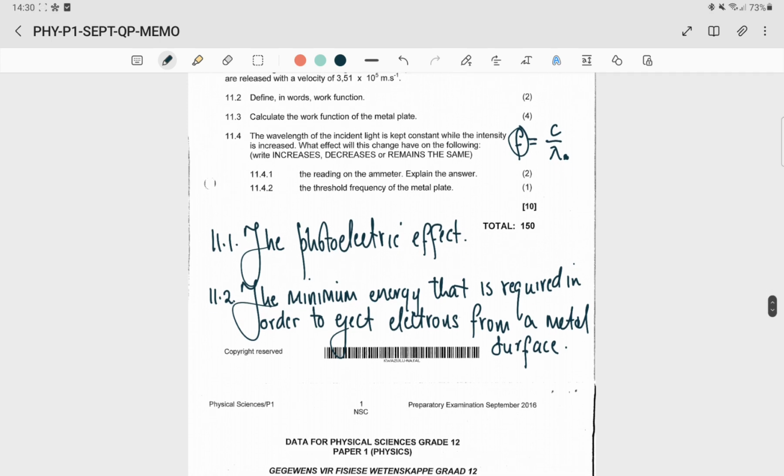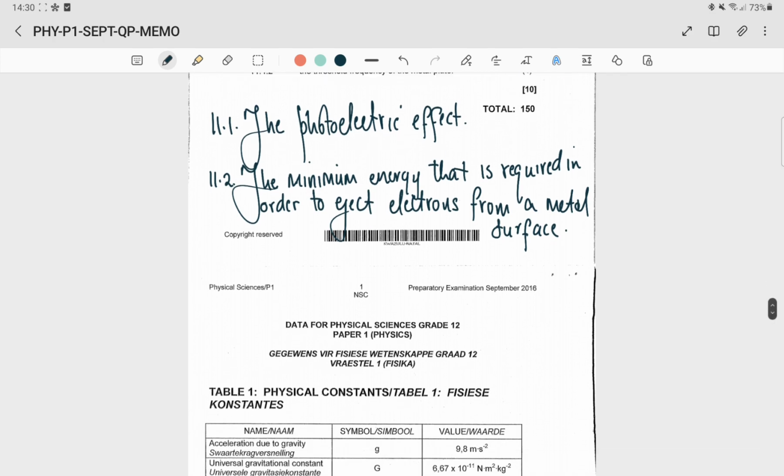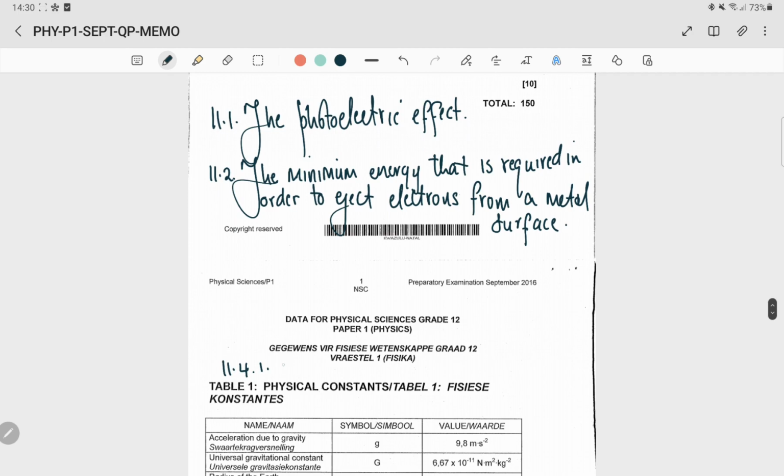What effect will this change have on the following? Increases, decreases, or remain the same? So 11.4.1, the reading on the ammeter. So we know that I should be equal to Q over t.